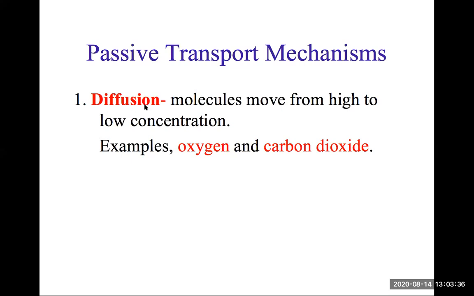And that's what happens when blood brings oxygen to tissues. And then carbon dioxide is a waste product that accumulates inside the cells due to metabolism. The CO2 levels build up in the cell, and the CO2 will diffuse across the plasma lemma and out of the cells. Okay, so this allows movement without the cell using any energy at all.